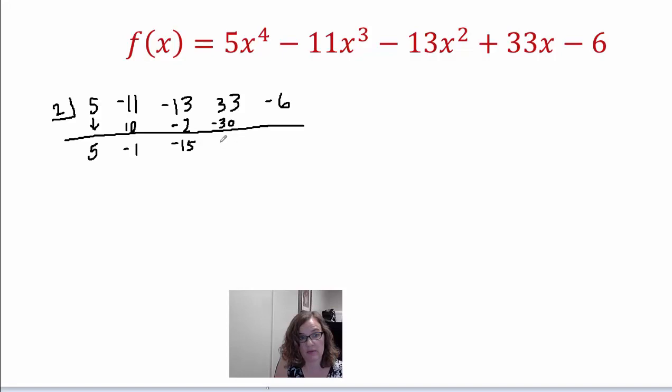Add 33, and I get 3 left over. 2 times 3 is 6, and that is 0. All right, the remainder is 0, so that's good. That's what we want, and this is what I'm looking at for my other zeros. I now am looking at this polynomial.